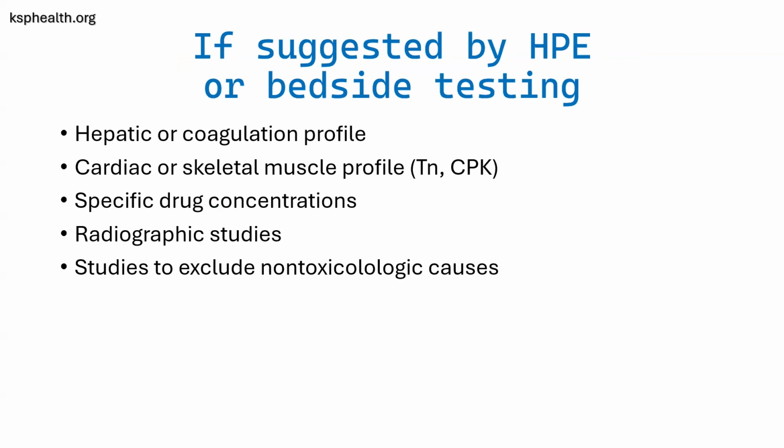If suggested by history and physical, do other tests like hepatic and coagulation profile, cardiac and skeletal muscle profile like troponin and CPK, specific drug concentrations, radiographic studies, and studies to exclude non-toxicologic causes.